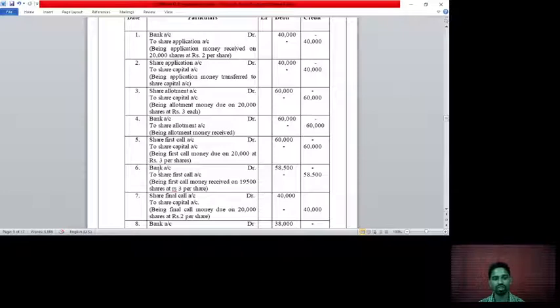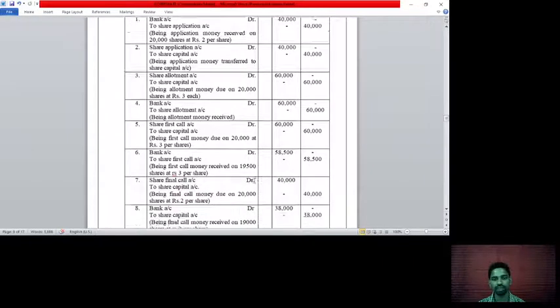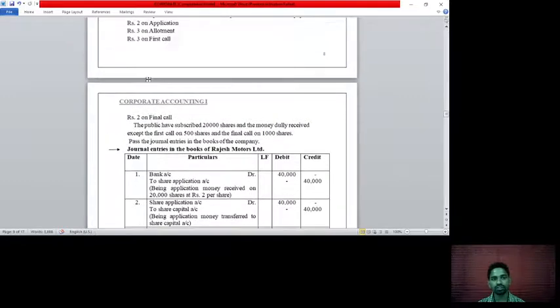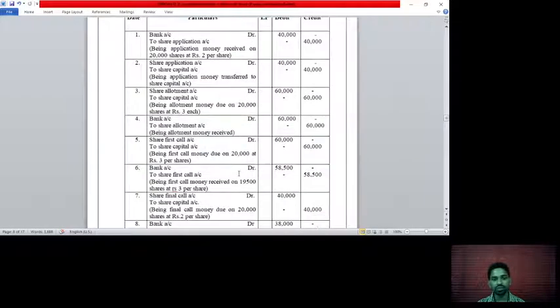So bank account debit rupees 58,500 to share first call account credit rupees 58,500. How did 58,500 come? The first call price is rupees 3 into 19,500 shares, because 500 shares are not received. So it will be 58,500.